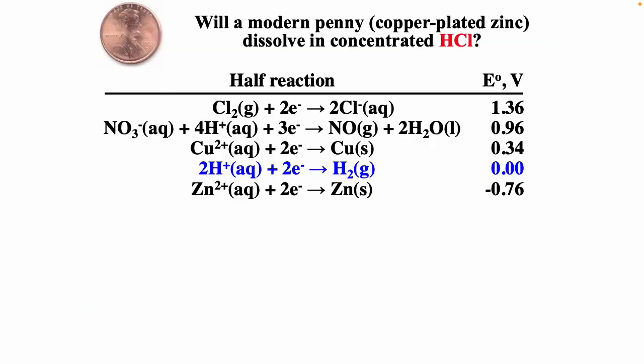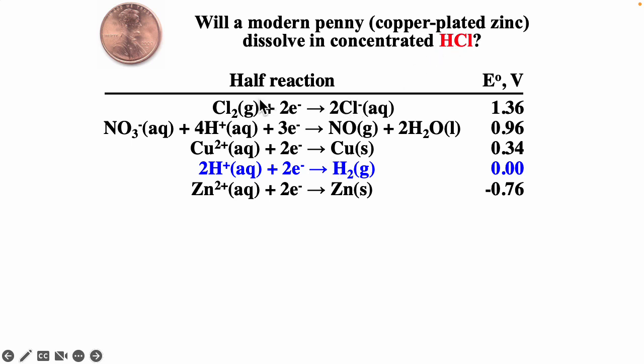We can ask another interesting question. Will a modern penny, which is copper-plated zinc, dissolve in concentrated HCl? Now, when you ask questions about HCl, use this potential here, hydrogen ion plus two electrons going to hydrogen gas. The chlorine in HCl is going to be chloride ions, and so here it's written as a product.